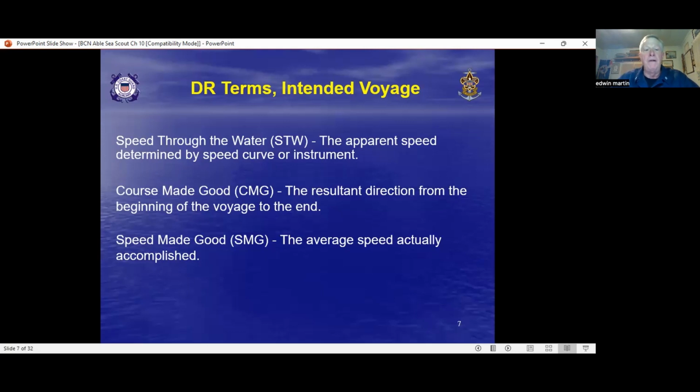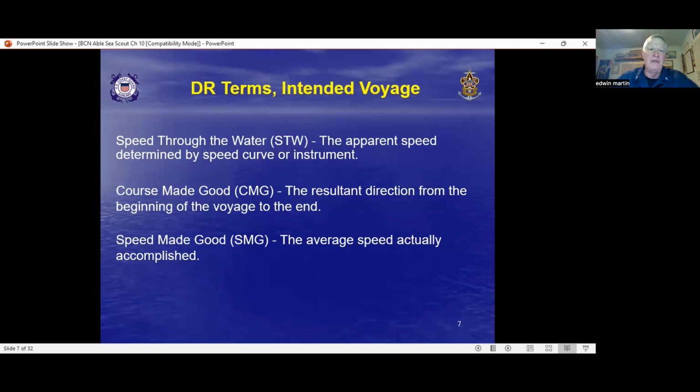Speed through the water is the apparent speed that you're running, or not. It's the apparent speed determined by an instrument, or like a chip log, if you're familiar with that term.